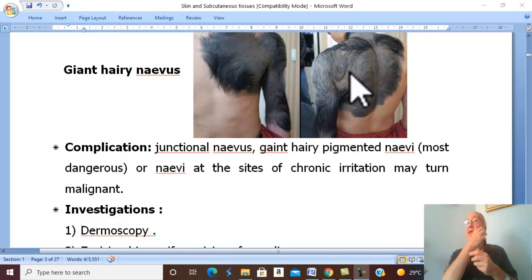During shaving, every time it undergoes friction, injury, wound, irritation, leading to chronic irritation, and it may turn malignant.